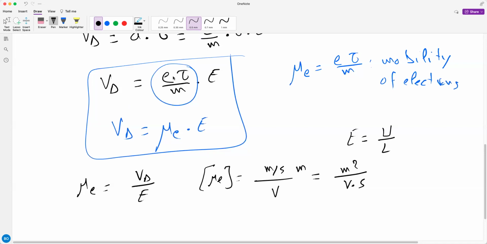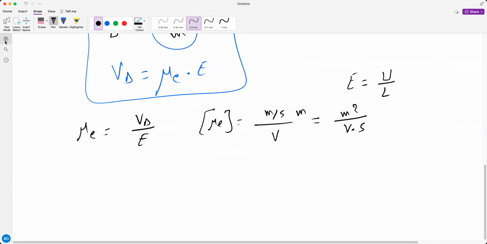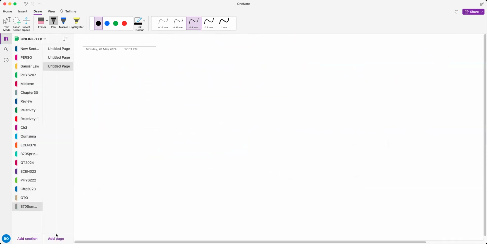We will use also Maxwell's equations. Yesterday, we took a copper cable, for example, and we applied an electric field to this cable or a potential difference. And then we calculated one of the most important parameters, which is the drift velocity and the mobility of electrons.